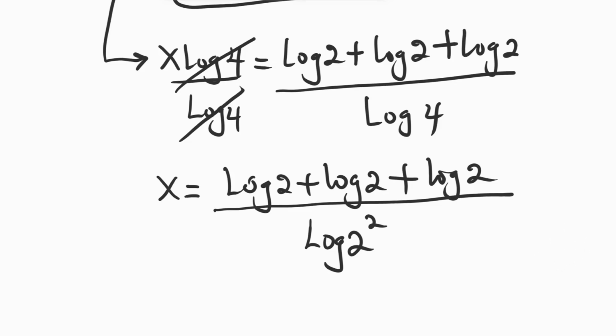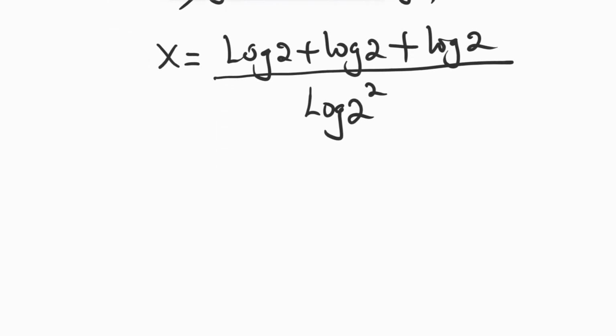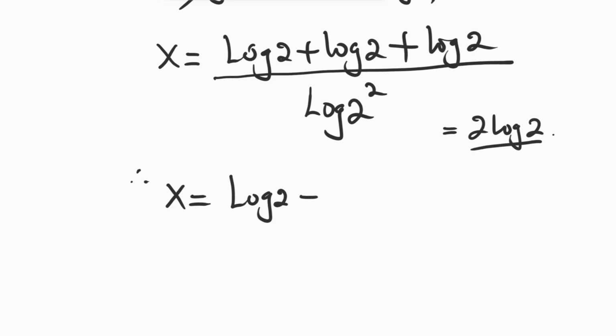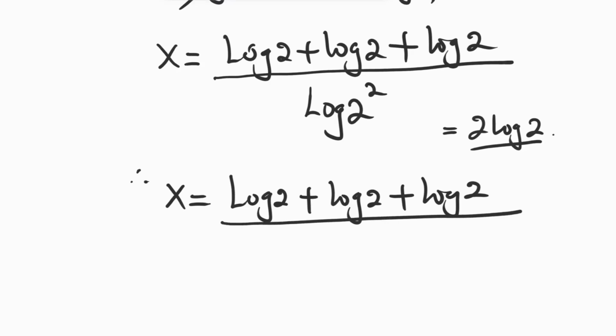Now, from our previous rule of log, we know that log of 2 raised to the power 2 is the same thing as 2 log 2. Okay, so our x is now equal to log 2 plus log 2 plus log 2 divided by 2 log 2.